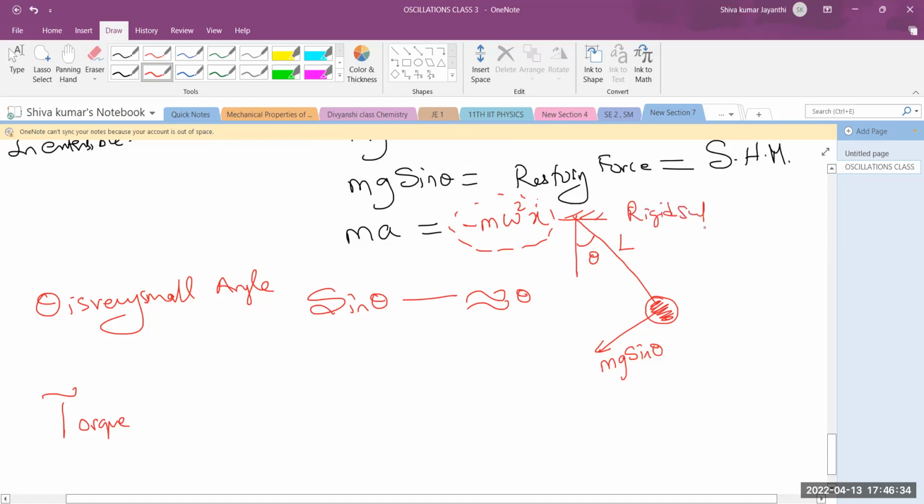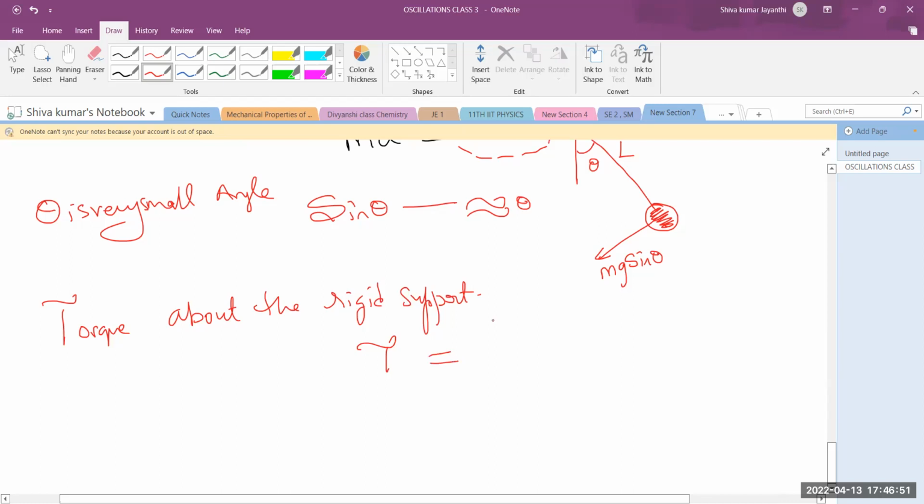Torque about the rigid support, or the fixed point. What is the torque acting on it about the rigid support? Torque is given by what? What did I tell you about torque? R cross F.